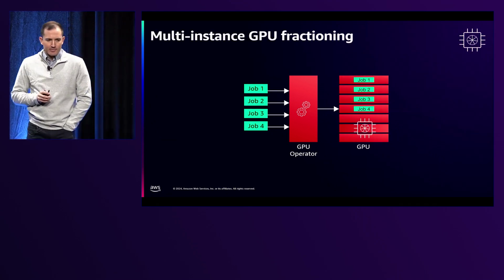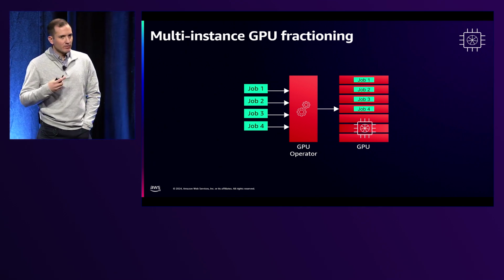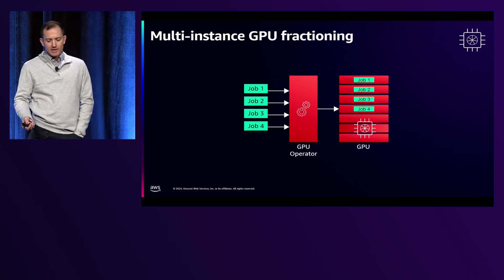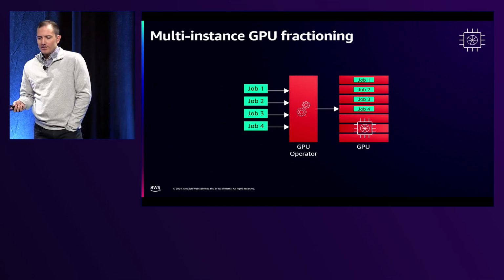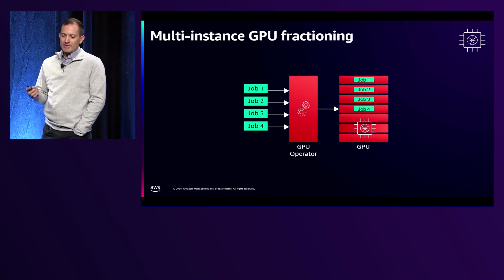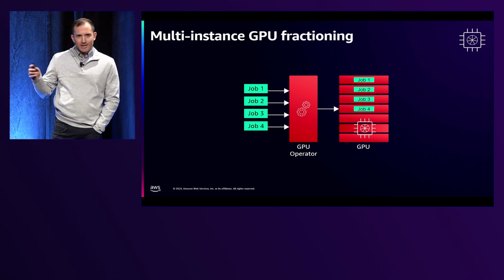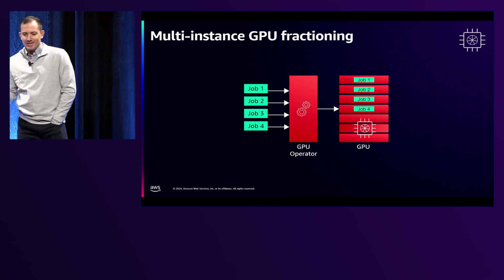All right, the next strategy is multi-instance GPU fractioning. Very similar idea in that you would install the NVIDIA GPU operator into your cluster. And what MIG allows you to do is enable multiple instances of a GPU to run concurrently by partitioning it into up to seven separate GPUs.